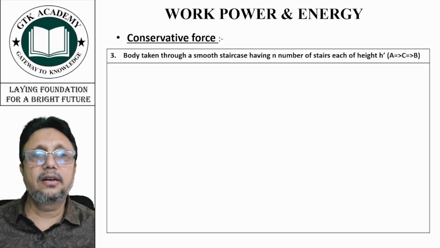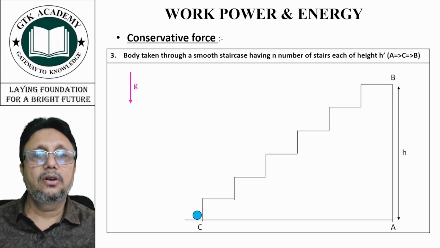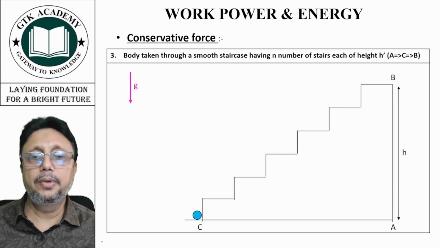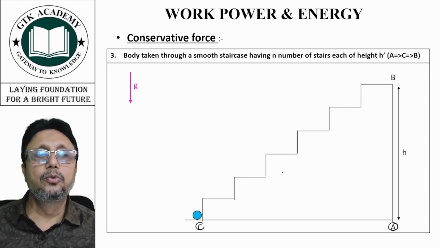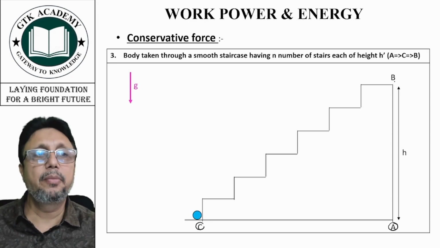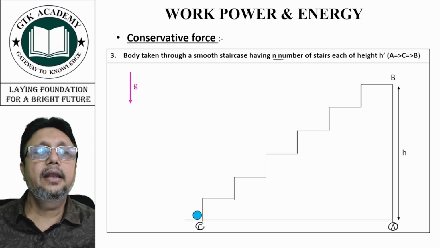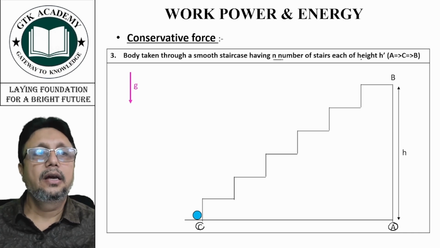Let's take another case, where we take the body from A to B through the route A to C, and from here we have a smooth staircase, and we move the body on it and bring it to B. Here we have n number of stairs, each of height h dash.